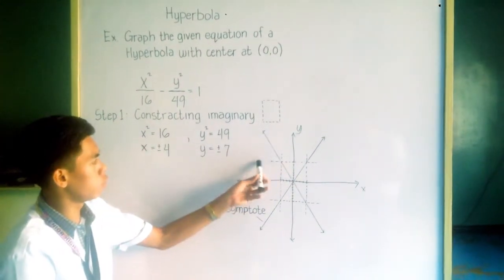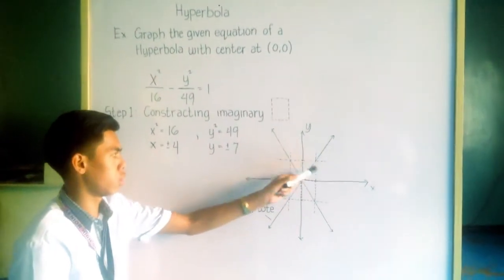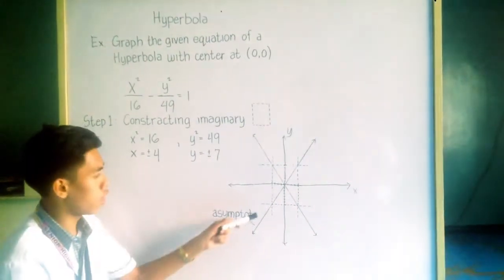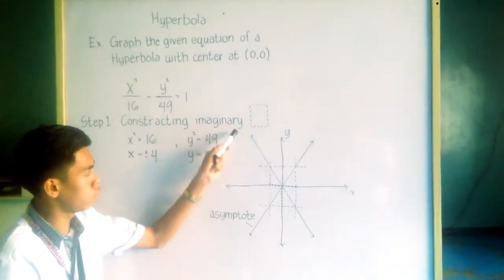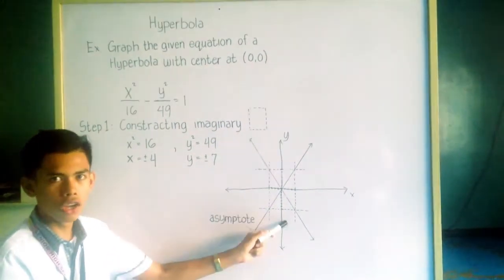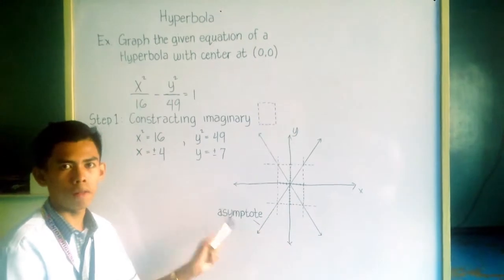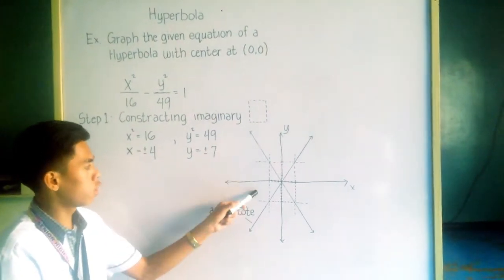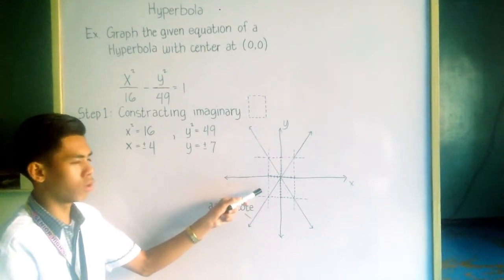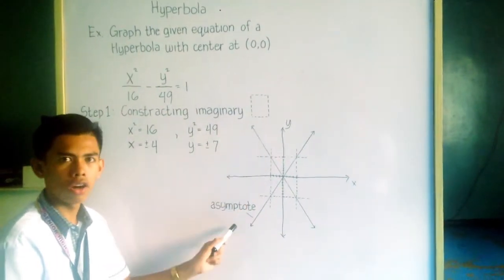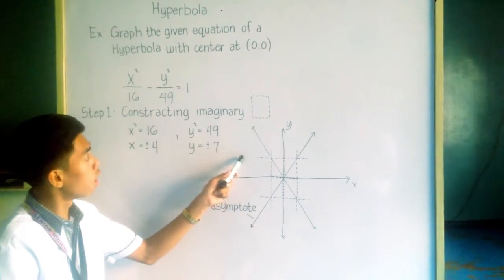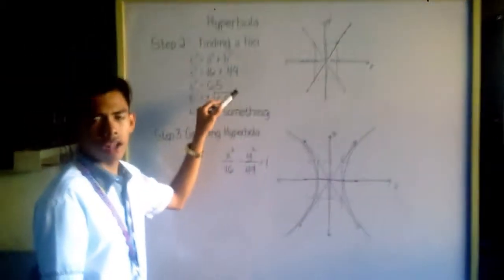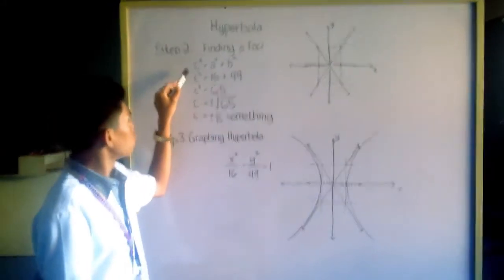After that, you can now draw your imaginary rectangle, and then you can draw your asymptotes. This is helpful because the asymptotes let us know how wide or narrow our hyperbola is.